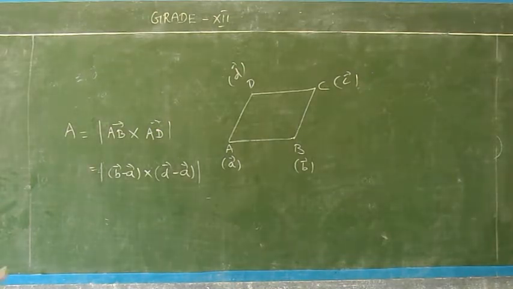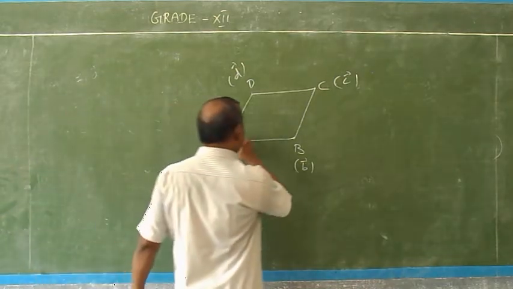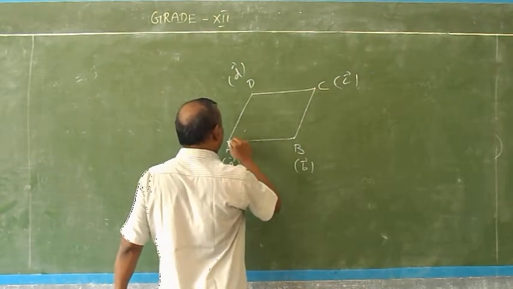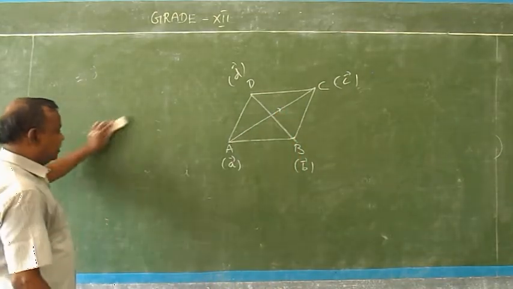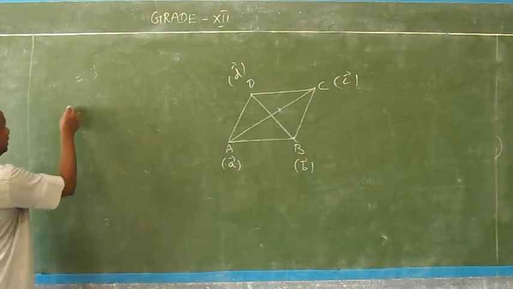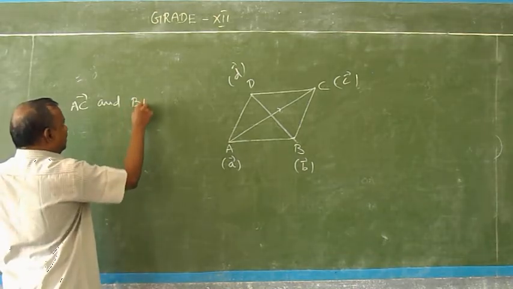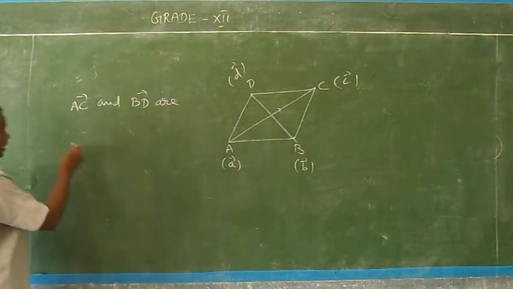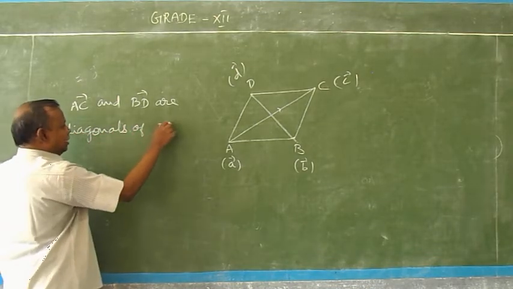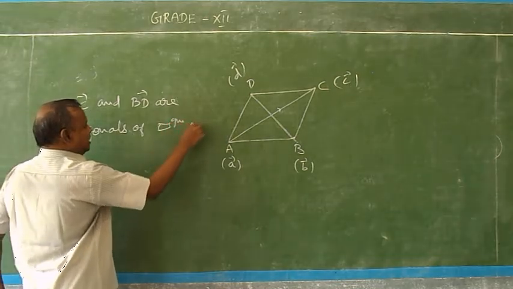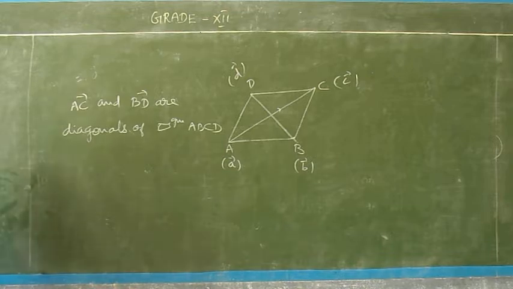Now, if we are given diagonals, what do we have? AC vector and BD vector are diagonals of parallelogram ABCD.